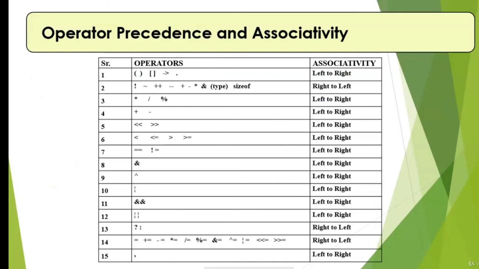This table gives you information about the operator precedence and associativity. Operators with highest precedence are there in the top rows. As we go down, the precedence of the operators goes down. Operators in the same row have the same precedence. In that case, when we are dealing with such operators, we need to take into consideration associativity.